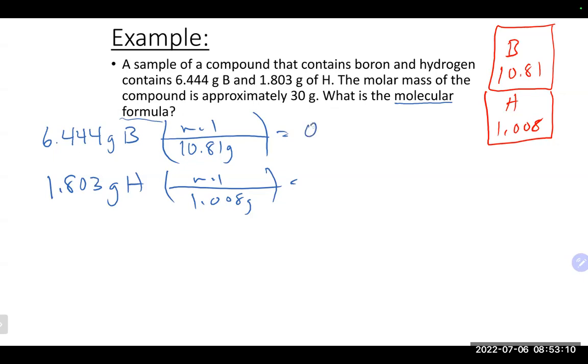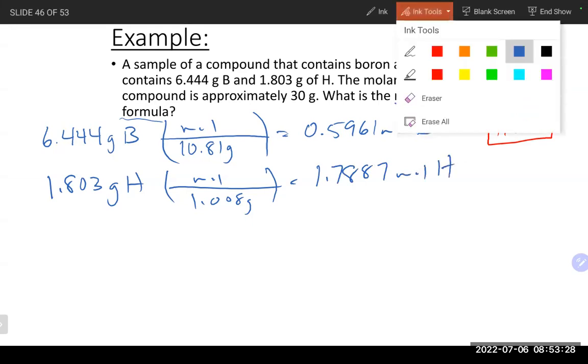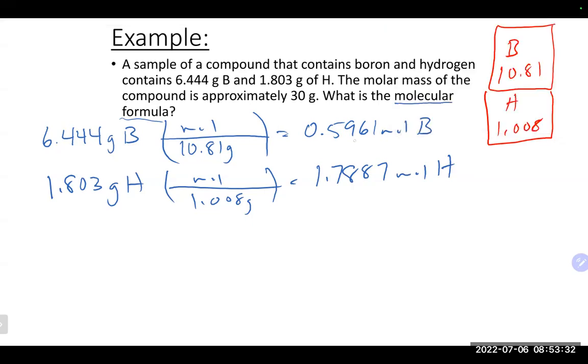And it looks like we will end up here with 0.5961 moles of boron, and 1.7887 moles of hydrogen. In this particular case, obviously, we're going to divide by the smallest. So that is boron in this case.